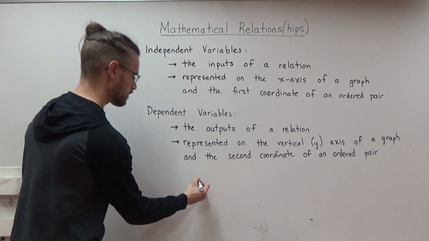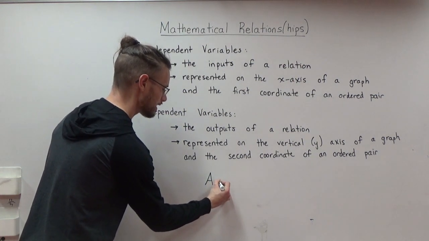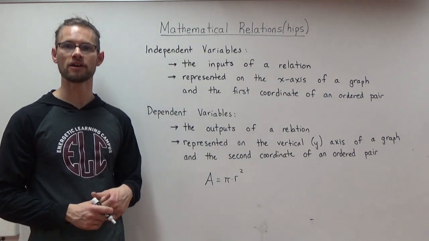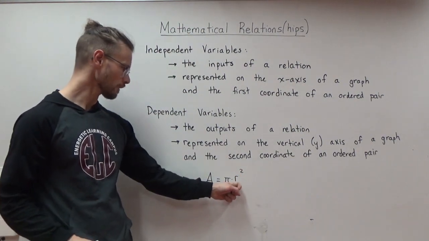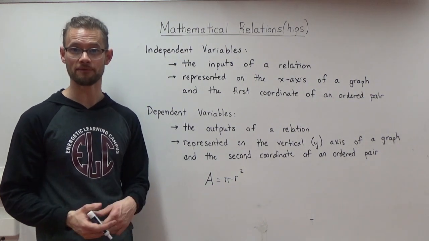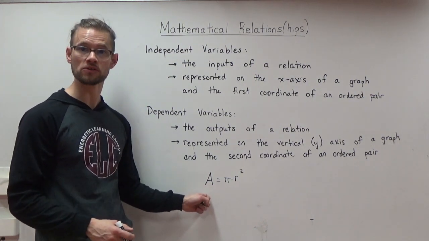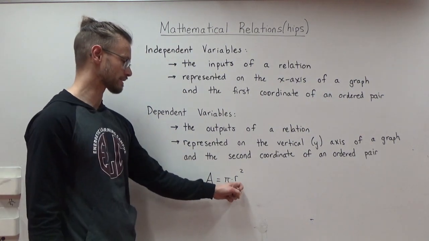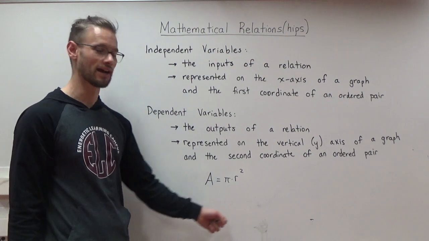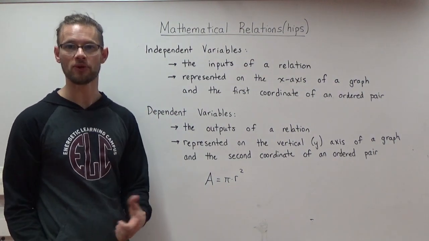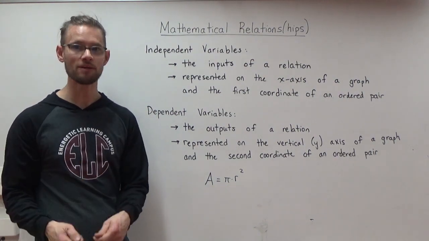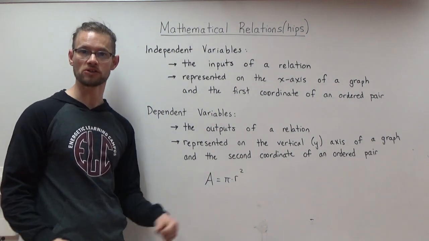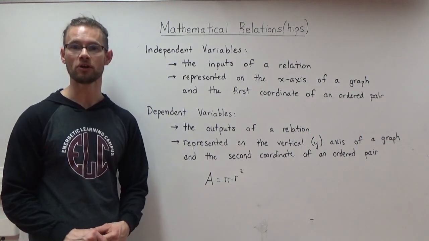For example, if we took the formula A equals pi times radius squared, the formula to find the area of a circle, well, radius would be our independent variable, because the area of a circle depends on the radius. And in this formula, we would always take values, input them for r, and that would spit out a value for A, and that would be how we could create a table, create a graph, however we wanted to represent this relationship that is currently in the form of an equation.